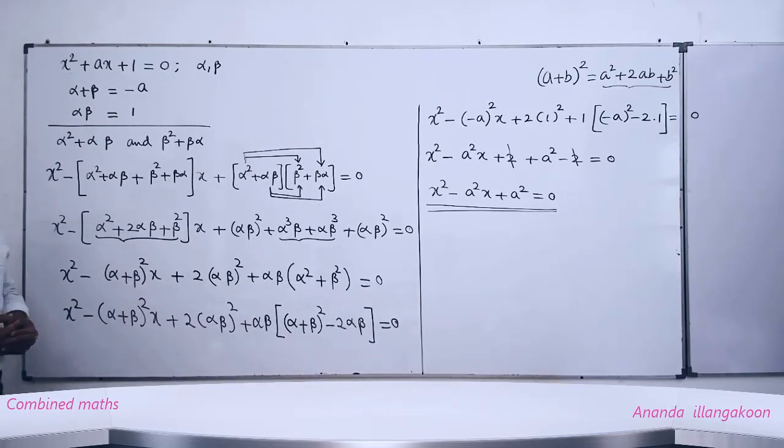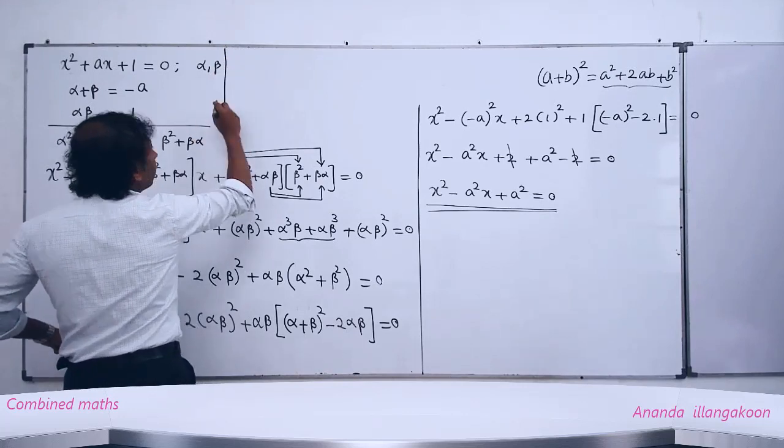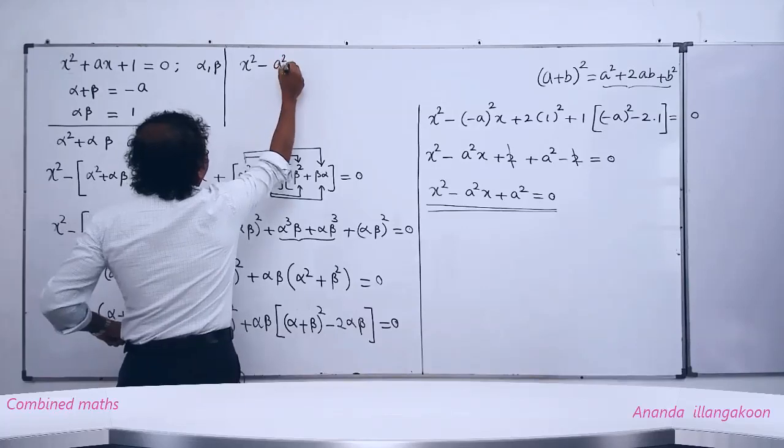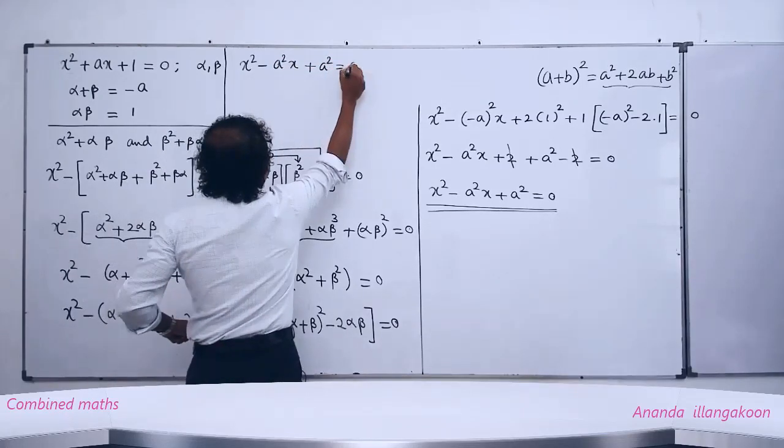What is the other method? First come up to this. Take this. Then our required equation is what people? This one, right? X squared minus a squared x plus a squared equals 0.